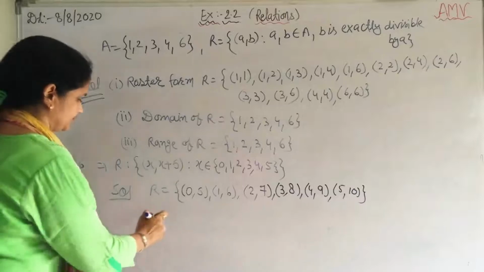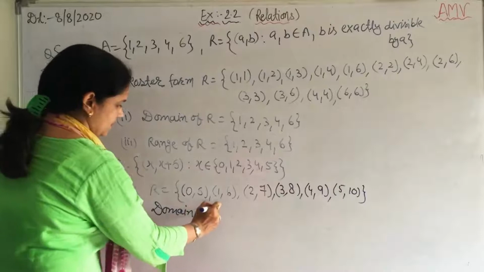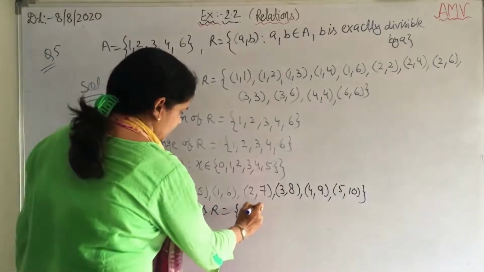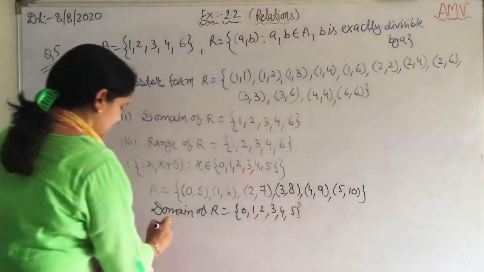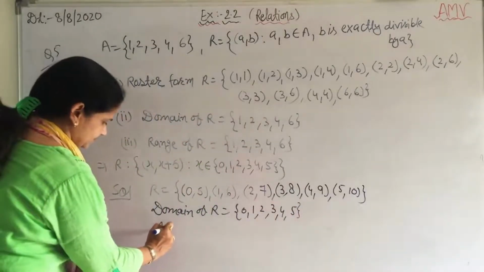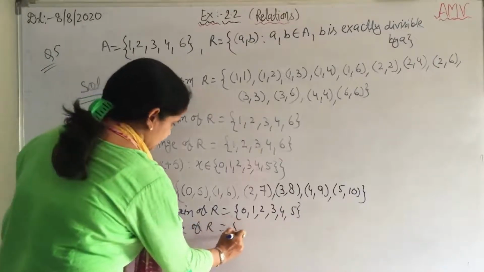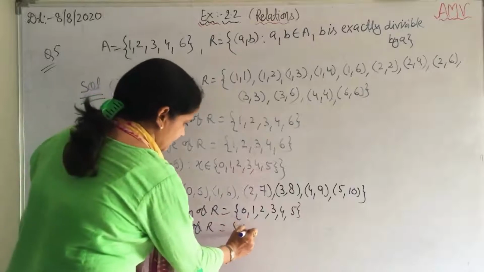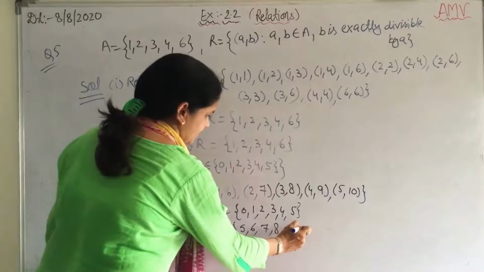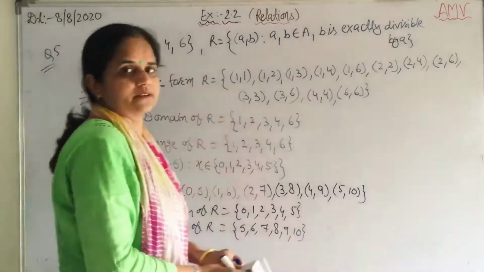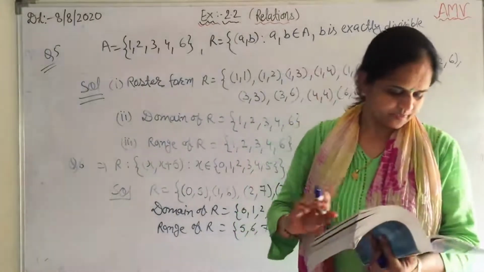So the domain of R is 0, 1, 2, 3, 4 and 5. And the range of R is 5, 6, 7, 8, 9 and 10. Same concept questions are given in this exercise.